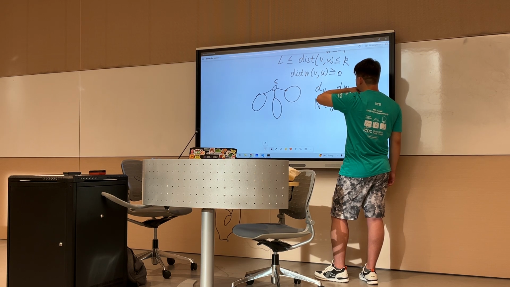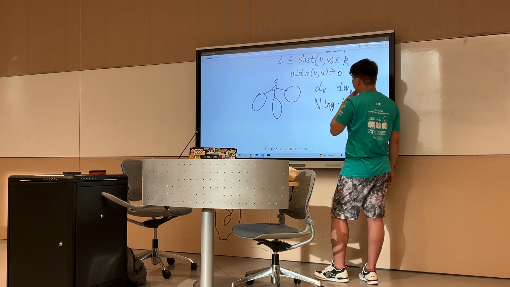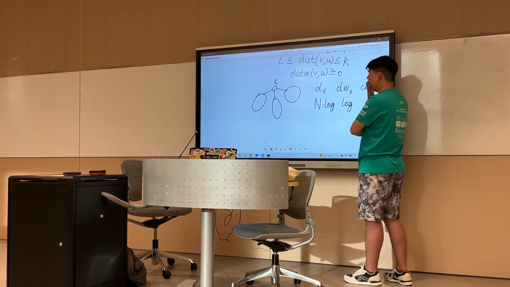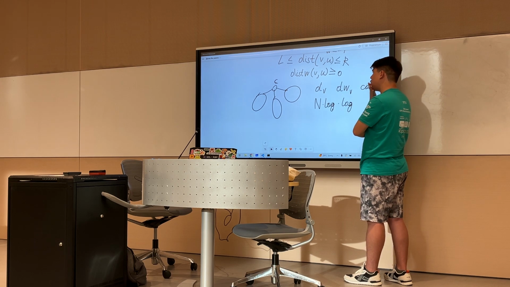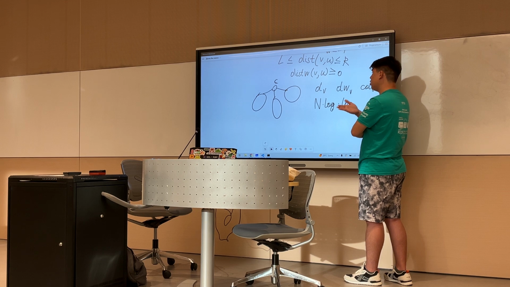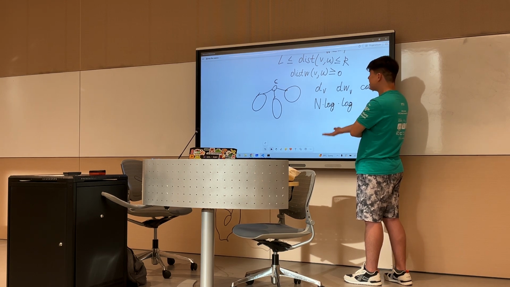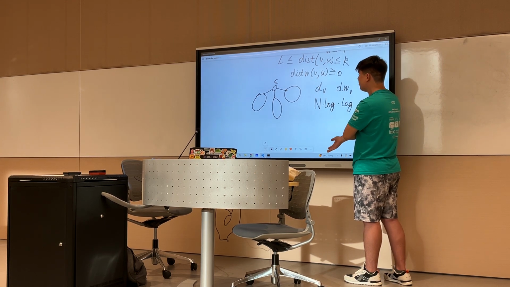We need to solve this problem in linear time. But I don't know actually, can we make this in linear time? Does the author's solution work in linear time or n log n? Because in n log n we can use a segment tree, but a segment tree has a big constant.